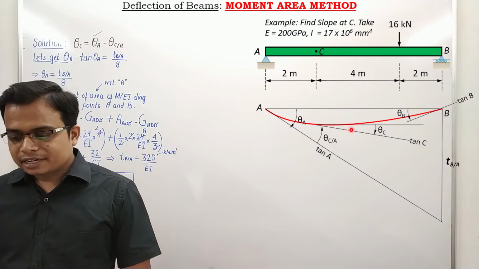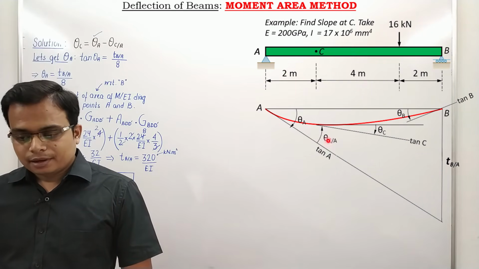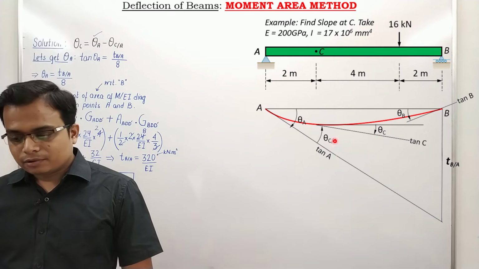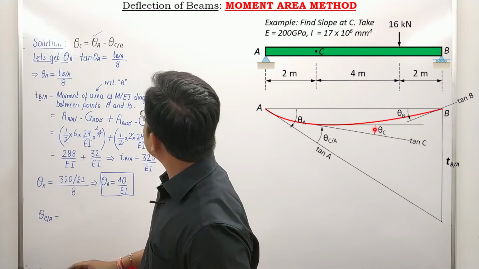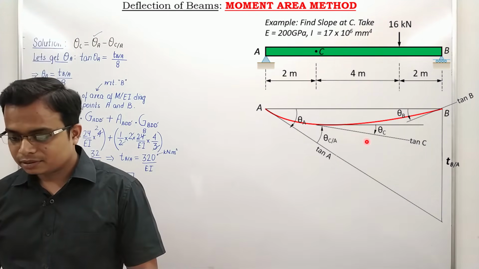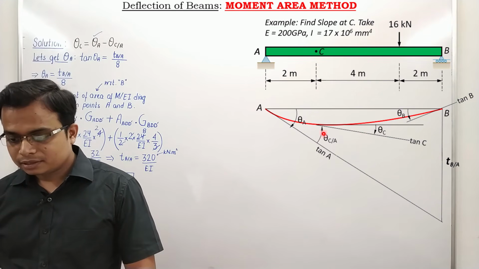The angle that the tangent at C makes with respect to A. What are we calculating? Not theta C, but theta C2A.